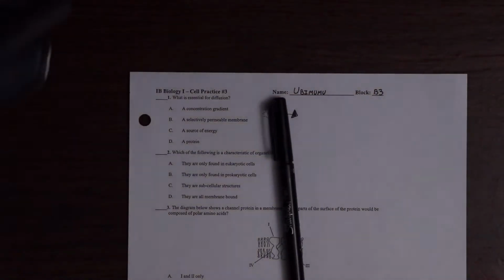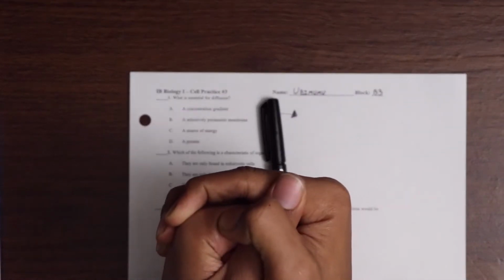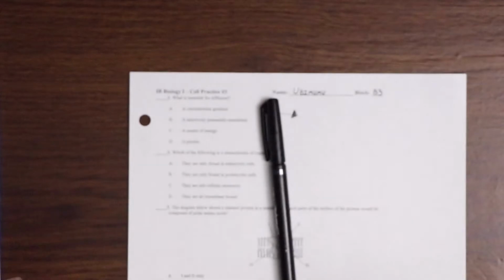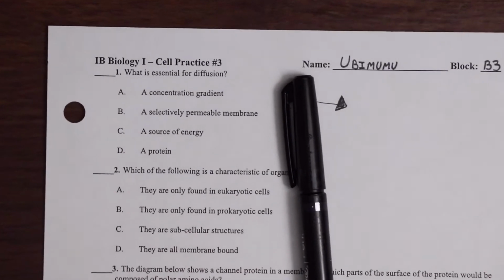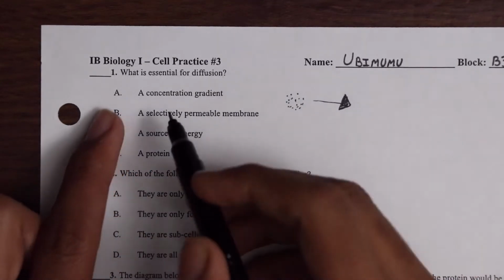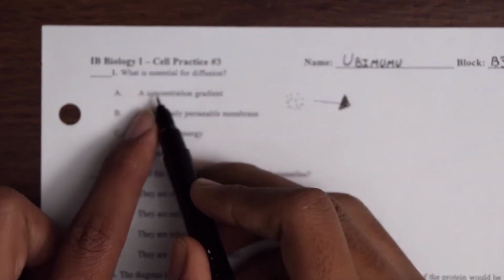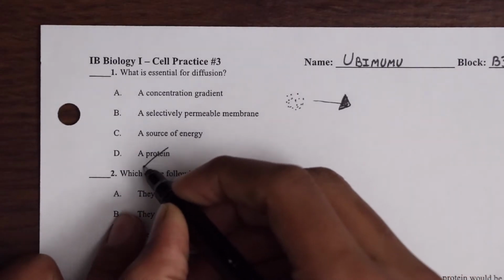So any particle, any substance that's going from a state of high concentration, or really bunched together, to low concentration, or dispersed out. If you take that definition into account while you're looking at the answers, you can pretty easily figure it out. What is essential for diffusion? Do you need a protein? No, you don't need a protein.